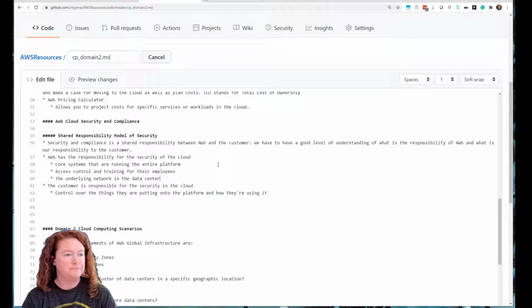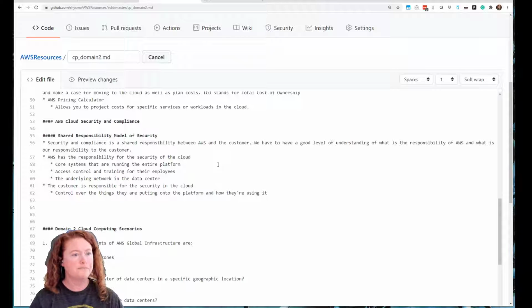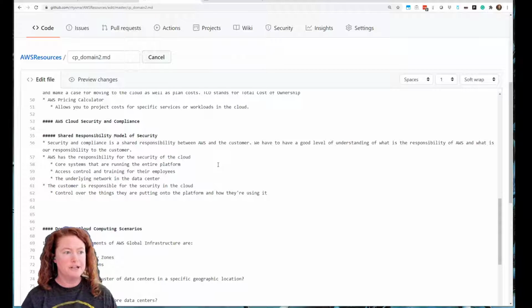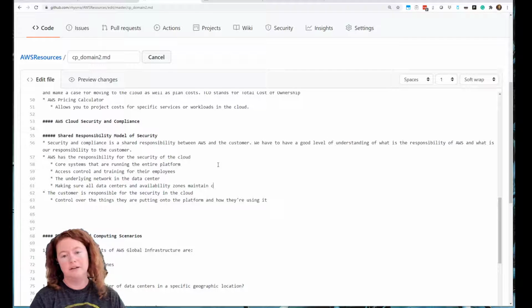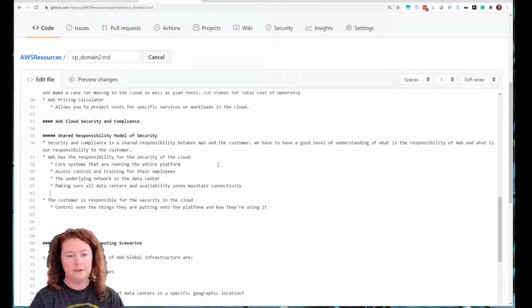What else? The hardware, right? They're responsible for the different availability zones and the regions, making sure that all data centers and availability zones maintain connectivity. They're responsible for the hardware that allows for global infrastructure.